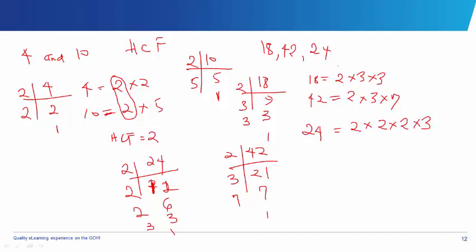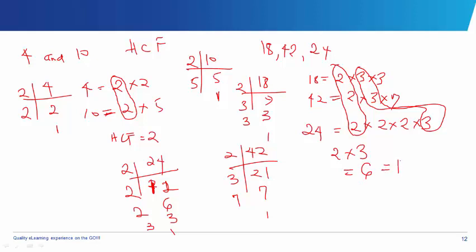So we'll now collect the common numbers: 2 here, then 3 also this way. So we'll have 2 times 3, which is 6. So 6 is the highest common factor. So 6 is the highest number that can divide all of these without leaving any remainder.